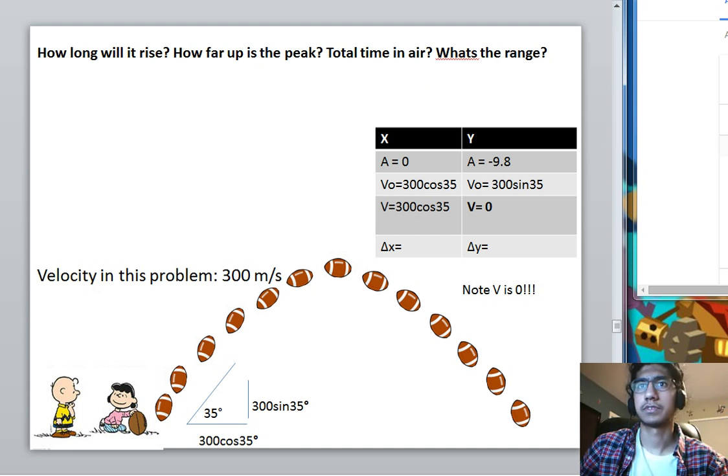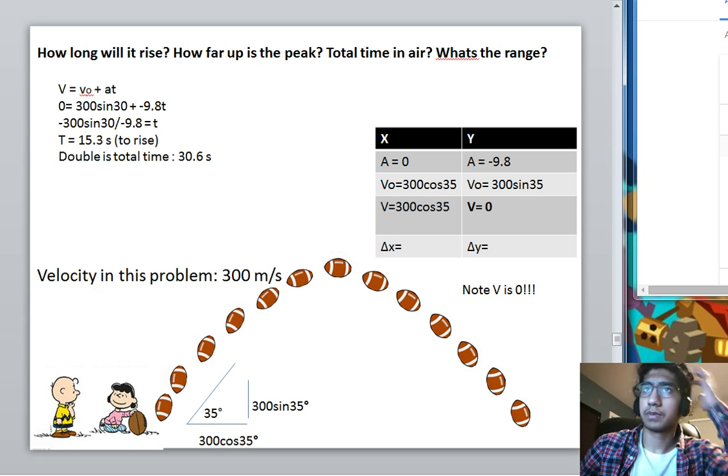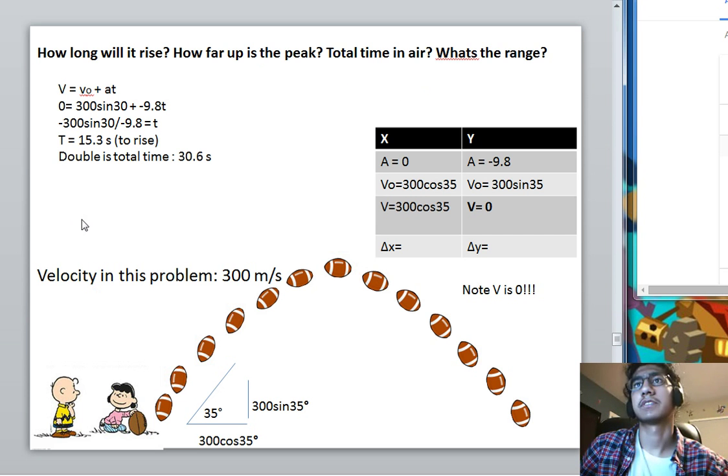Cool. So here we go with some basic plug and chug. We get V equals V0 plus AT, and right away we use the Y information so that we can get T, because that allows us to work with some of the information that we're missing in X. This is always something good to start with for really any projectile problem: work with the Y stuff as much as you can, and then work with your X stuff as much as you can.